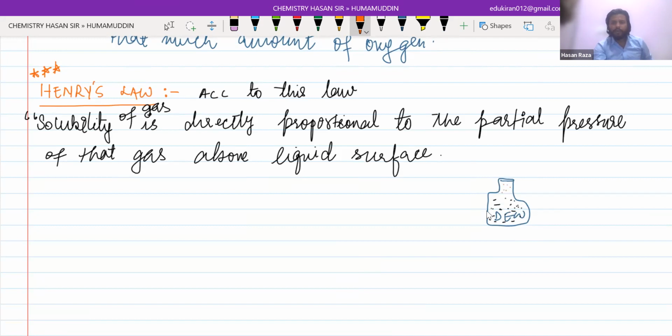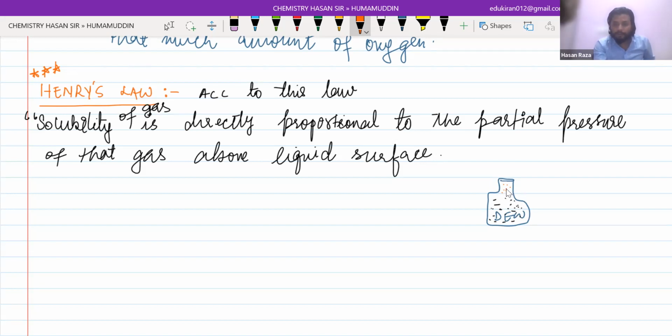Whenever you open the bottle, you hear a sound like this, and that is because of this gas. So according to Henry's law, the solubility of this gas in liquid is directly proportional to the partial pressure of this gas above the liquid surface.